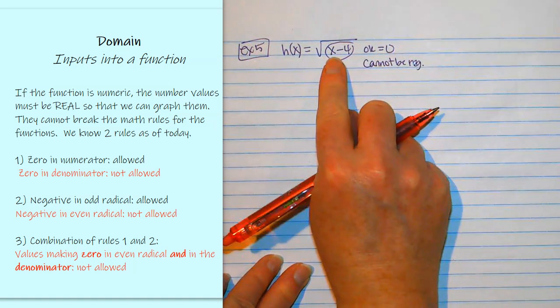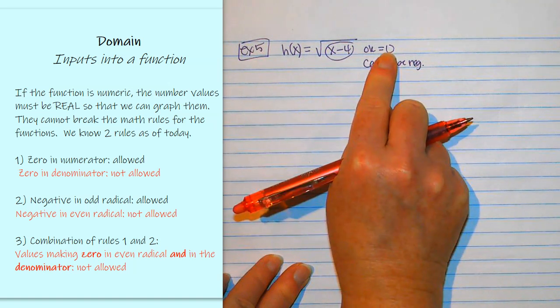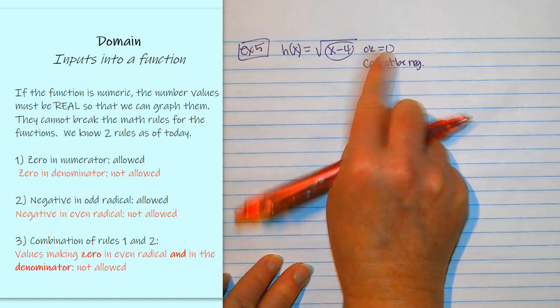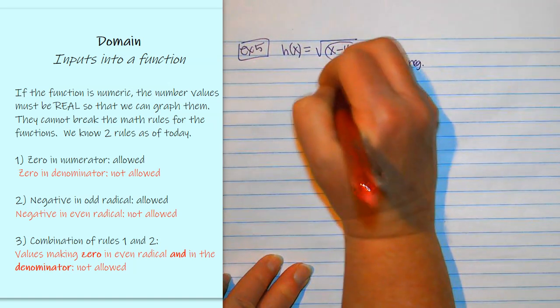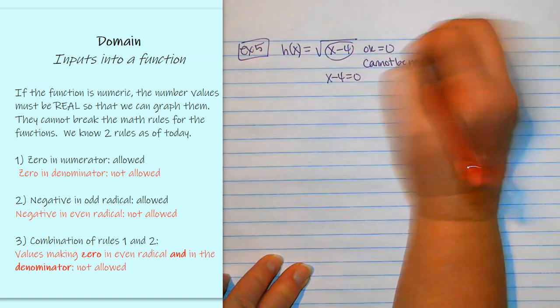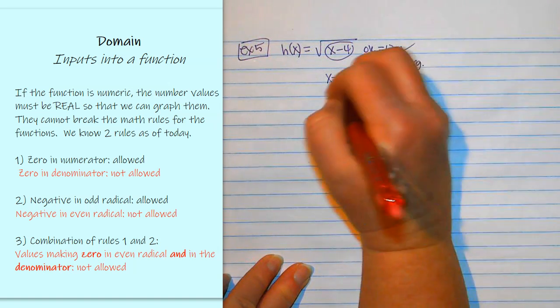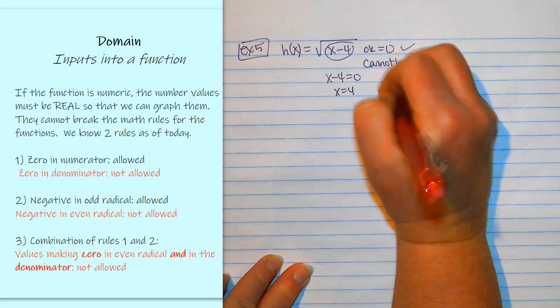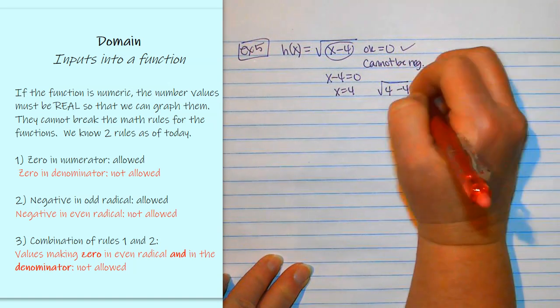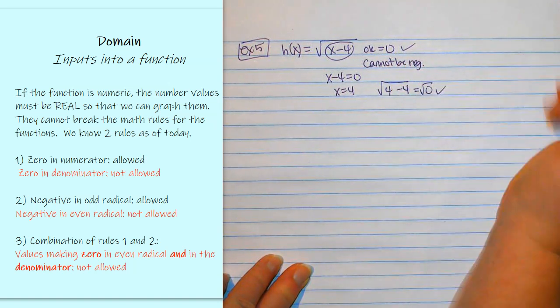So what values would make this 0? 0 is fine. And then what values would make it negative? So we're going to solve it to be equal to 0 because that's okay. So x can be 4. Let's check that out. The square root of 4 minus 4 is the square root of 0, and that's good.